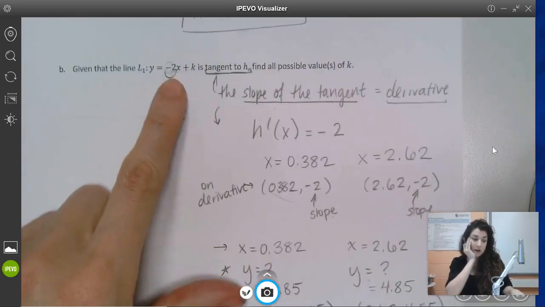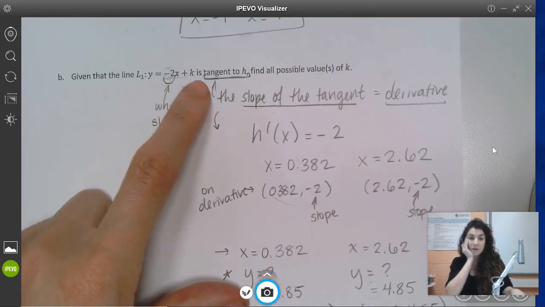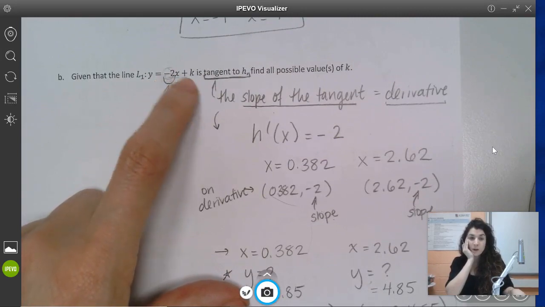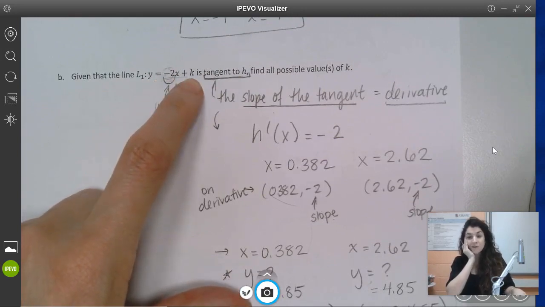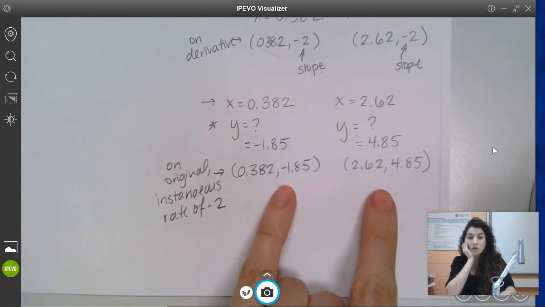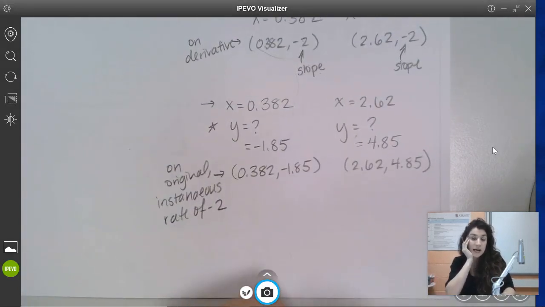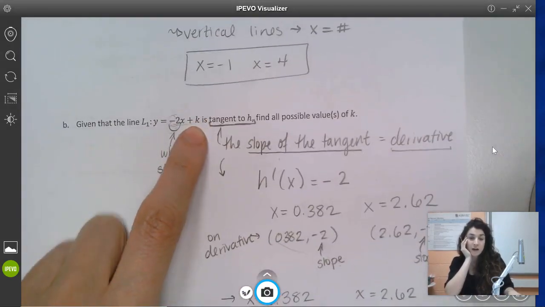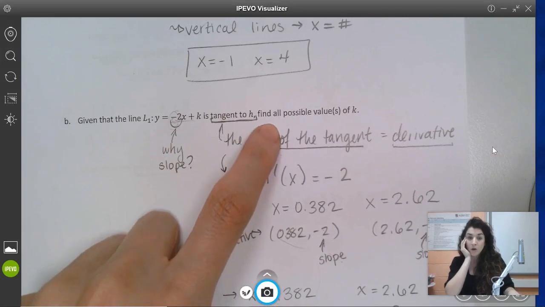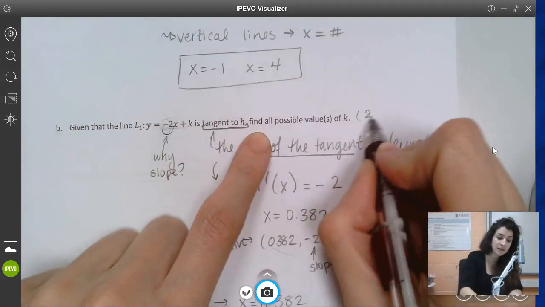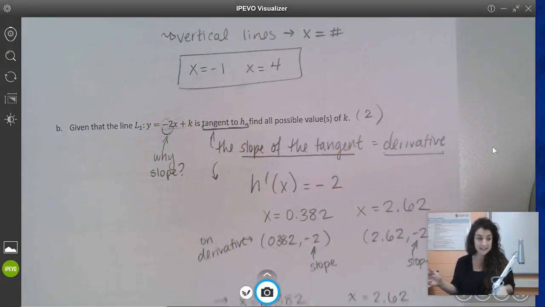So if we know an x value and a y value that go with this slope, then we can solve for k. We have two different points that would satisfy that on the original graph, and so we're going to have two different equations, which means two different values of k. All possible means 2 in this case.